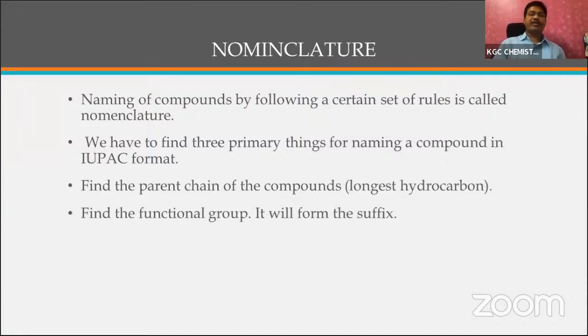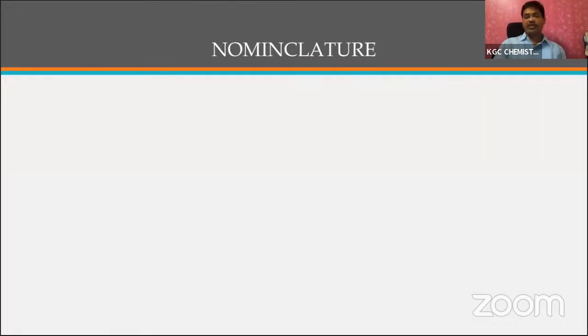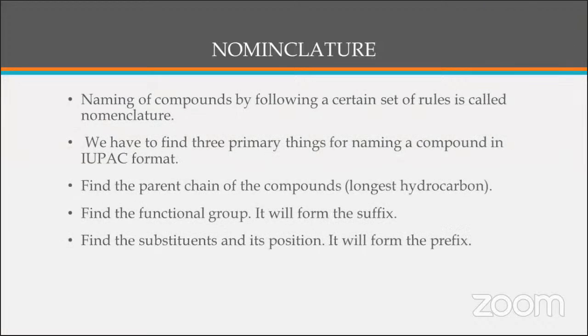Then next we have to find the functional group, which forms the suffix, and find the substituents and their positions, which form the prefix. In addition to these three, you have to remember the nature of the bond between the carbons also, that is ane, ene, and yne.